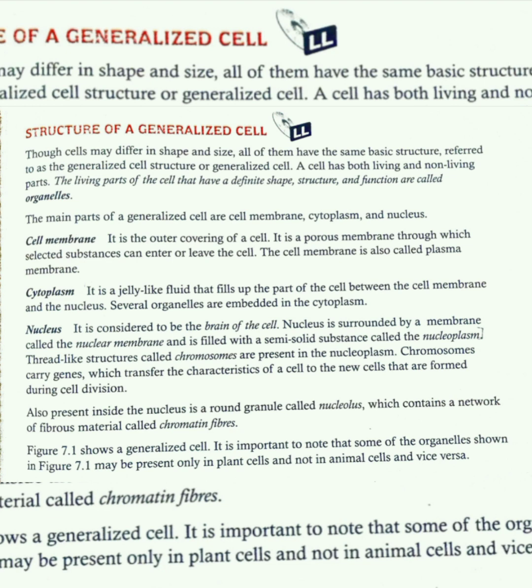Several thread-like structures called chromosomes are present in the nucleoplasm. These chromosomes carry genes which transfer the characteristics of one cell to new cells that are formed during cell division. And also, inside the nucleus there is a nucleolus which contains a network of fibrous material called chromatin fibers.